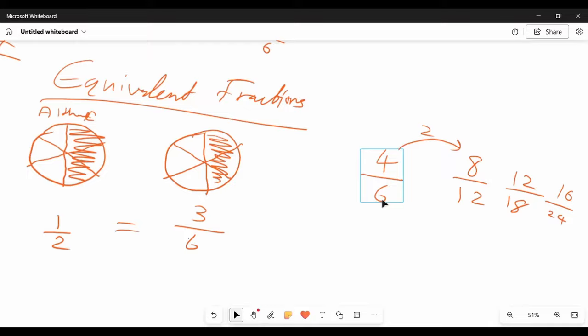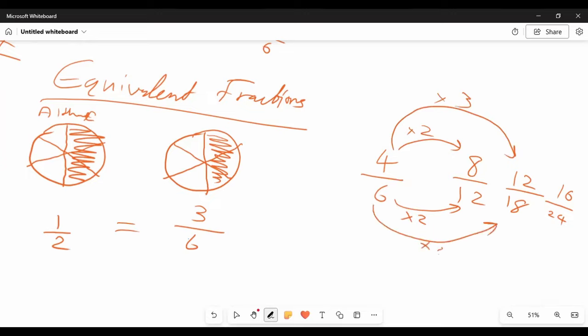If you have to maintain the same fraction without changing its value, then if you multiply your numerator by 2, you have to do the same for your denominator. In this case, you're multiplying your numerator by 3, so you have to multiply your denominator also by 3. The other one you multiply by 4, and here also you multiply by 4. Did I make sense?